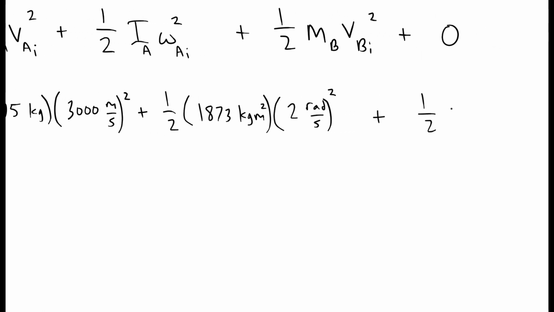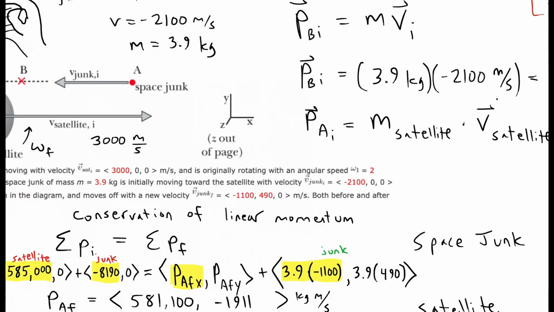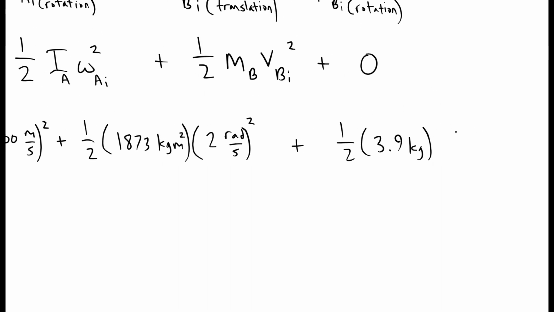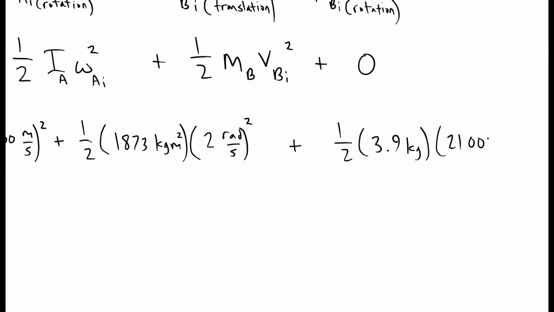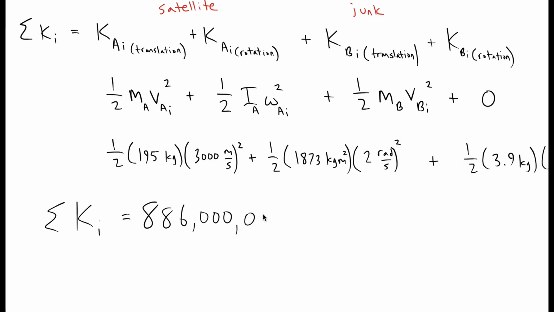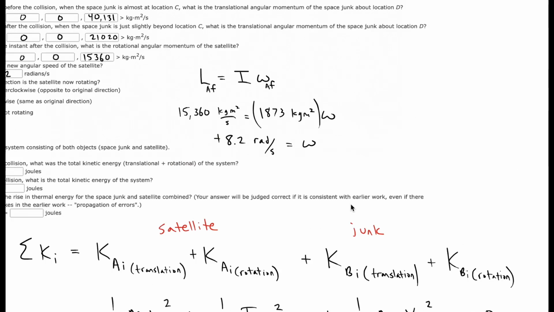Now let's get that energy of the junk. Speed of 2100 meters per second. And we'll calculate that. So I get 886 million joules for the sum of initial kinetic energy.